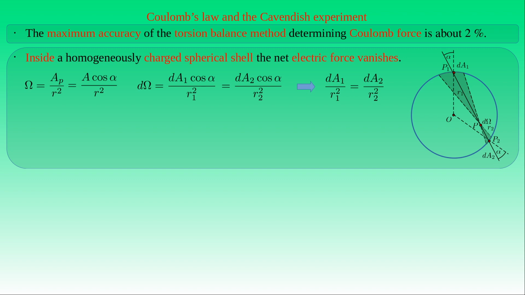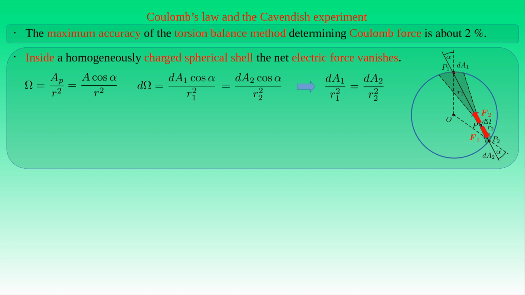Now we can examine the electric forces F1 and F2 exerted on the small point charge at the point P by the charge distributed over the area elements dA1 and dA2. Here we assume that the charges on the shell and at the point P are like charges and the forces between them are repulsive. Since the spherical shell is homogeneously charged, the amount of charge over a given surface area on the shell is proportional to the surface area itself.